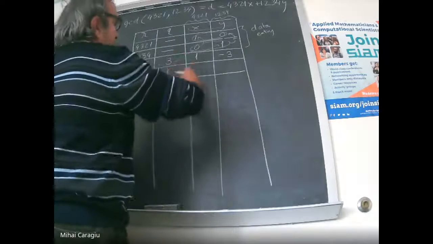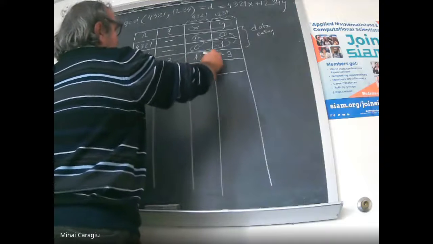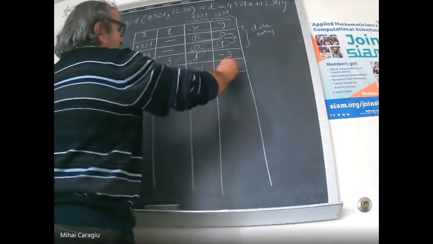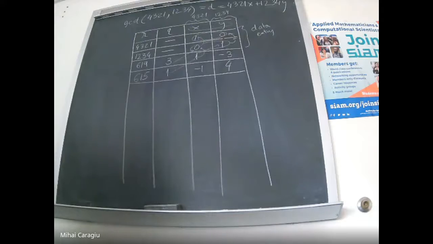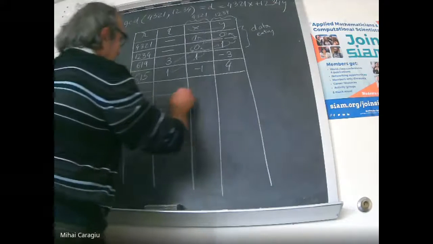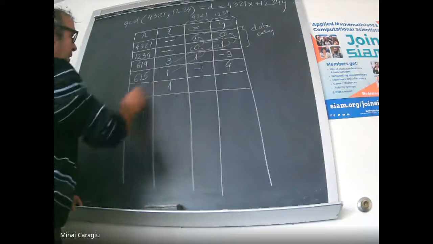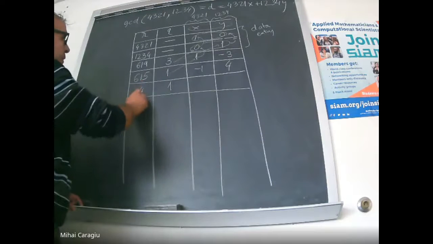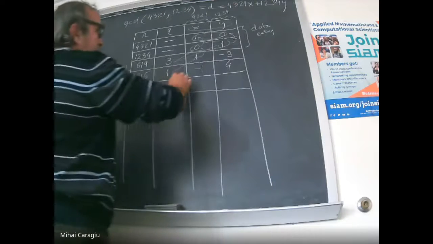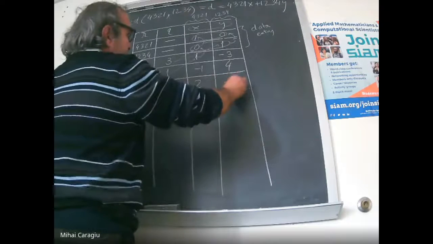Update the xy vector. Multiply by 1, subtract from the previous one, get minus 1 and 4. Okay. Divide the big number by the small number. How many times? 1 time. Multiply and subtract, we get 2 and minus 7.